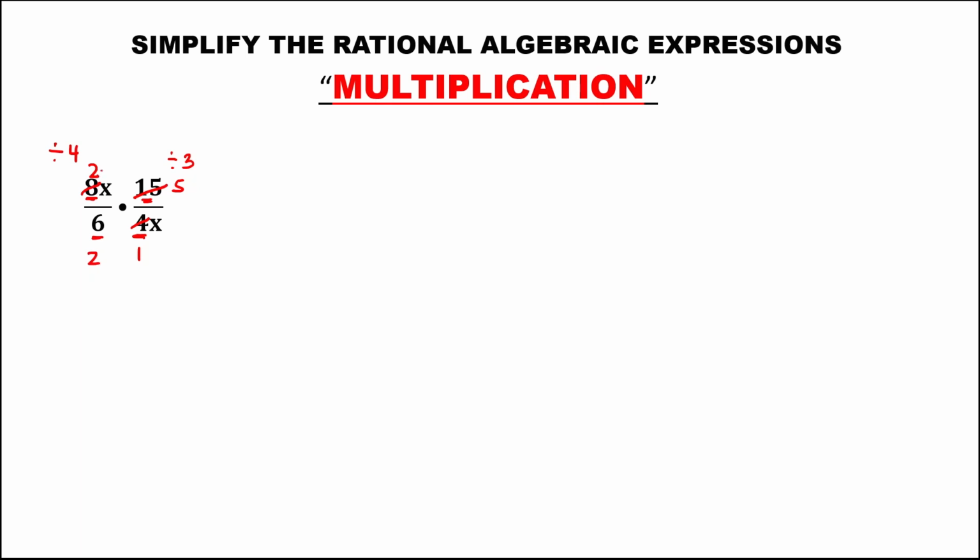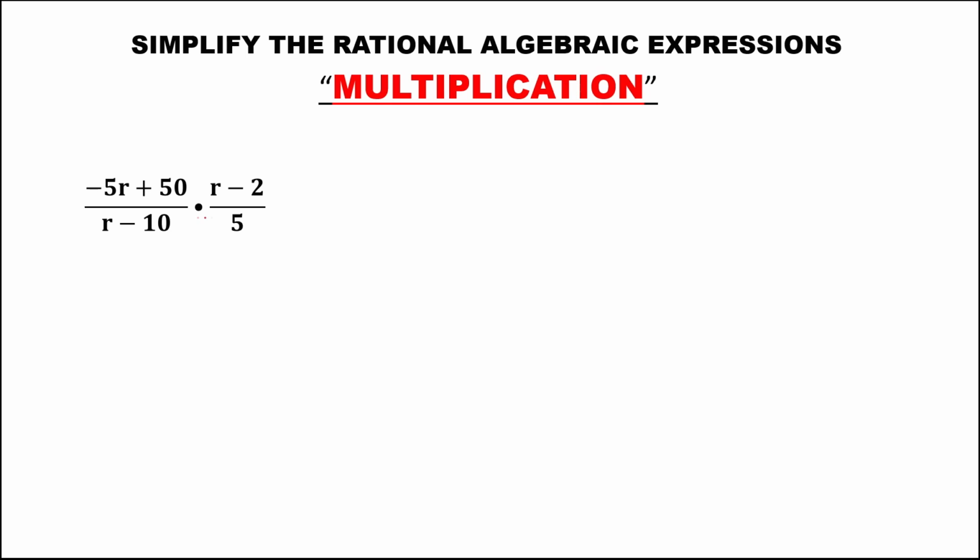Observe that in the numerator we have 2 and the denominator also 2, so we can eliminate these 2. So this becomes 1 and 1. To simplify, we can also eliminate this x. So we have now 1 times 5, that's 5, and 1 times 1, that's 1, or this is equal to 5.